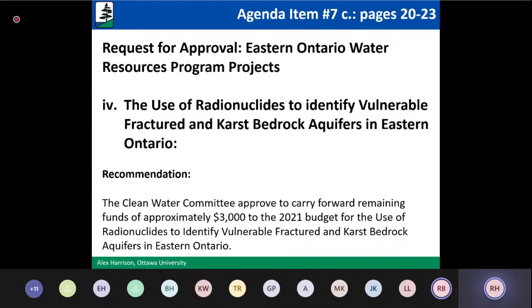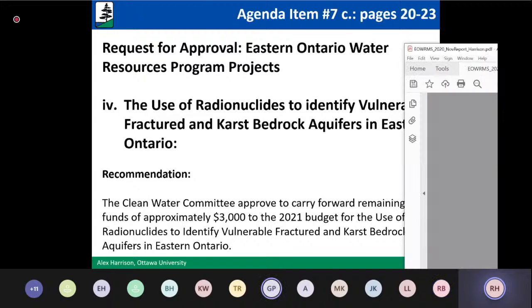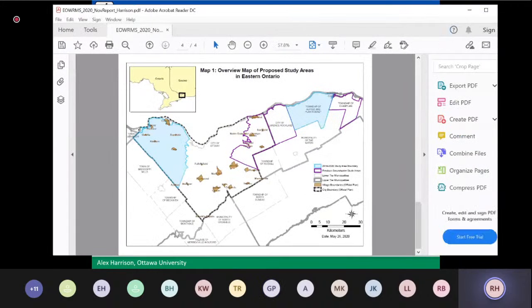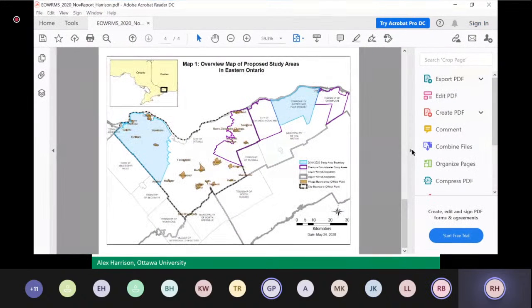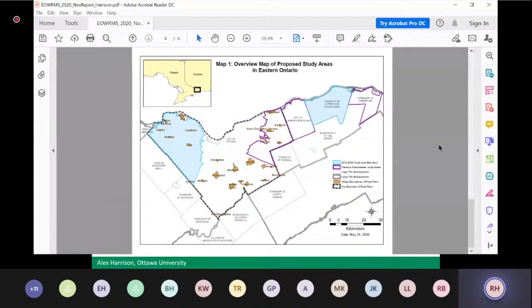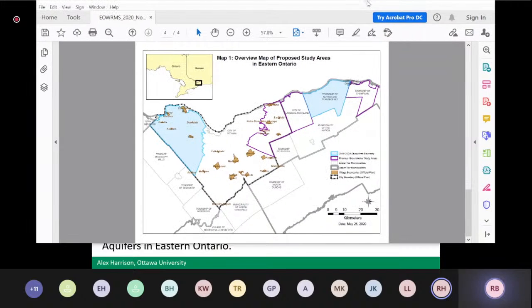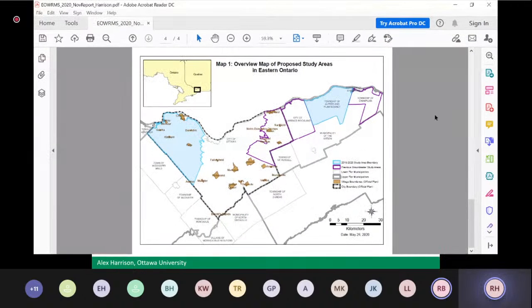I might have sent PowerPoint slides, but it's okay. I can just talk about it. It might be in the email. Should be. Is it showing up on your screen now? I just see the report that I sent through. Does anybody see a map on their screen? I see a map. Yes. Yep, we see it. Review of map of proposed study areas in Eastern Ontario. Okay. I'll just talk around it.